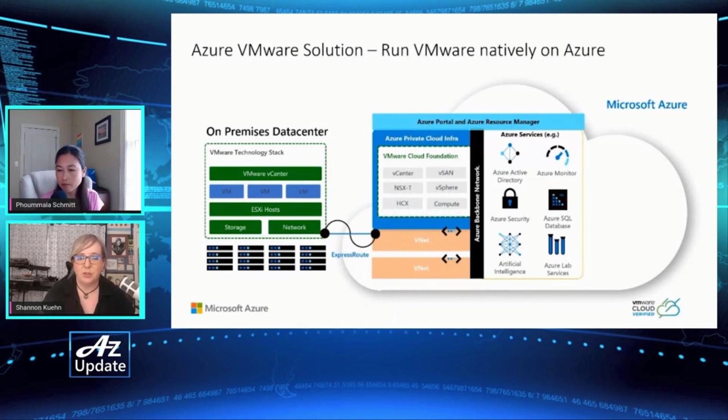You've linked that with an ExpressRoute with Global Reach that enables you to have your on-prem environment talk to what's in Azure. You've got all of the VMware goodies, right? So vCenter, vSAN, NSX-T, vSphere, HCX. It just looks and smells like VMware, right? So it's all in your Azure Virtual Private Cloud. And then you've got ways of bolting on the Azure services.